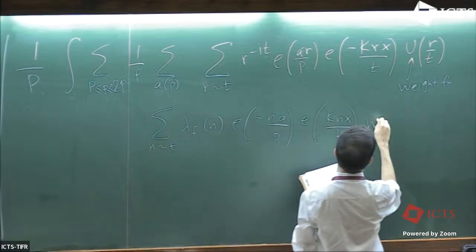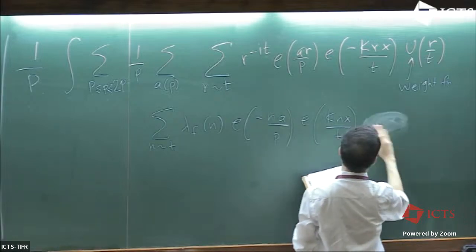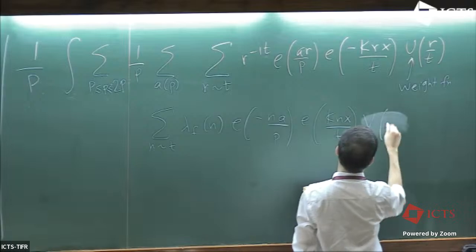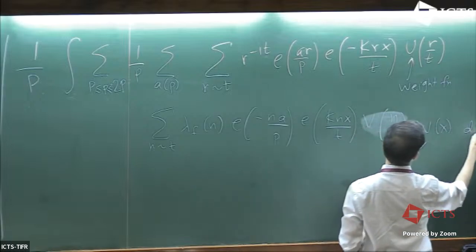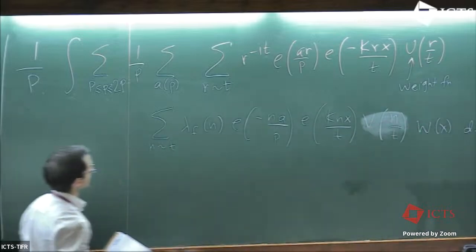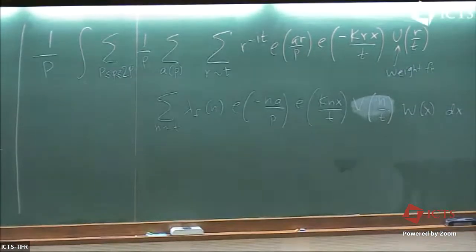I have to make sure that I also write a weight function that captures the size of n. Right now I have written all the weight functions like this. And instead of n minus r, I actually detected r minus n in this. So let me just flip the signs right here and right here. This is the same thing really.